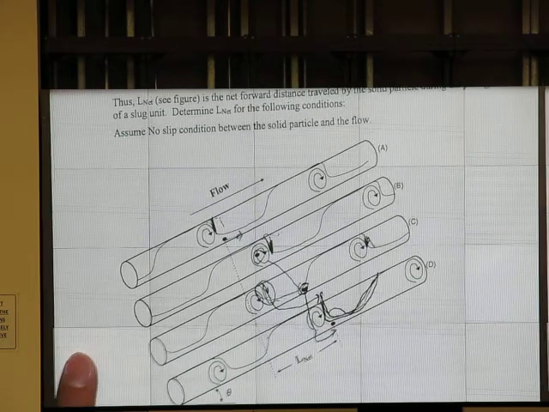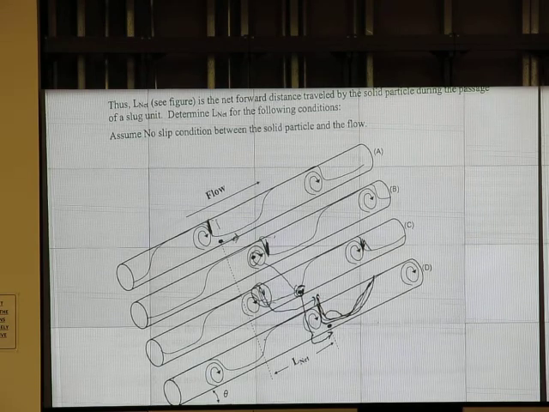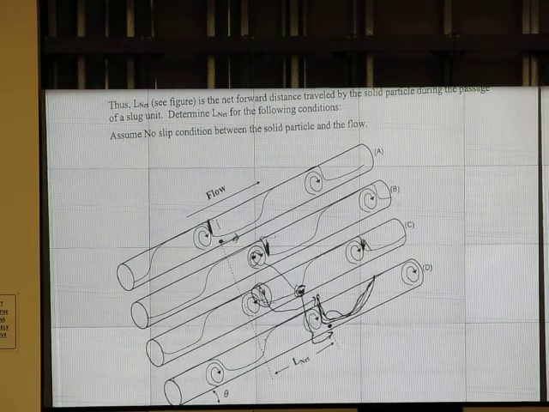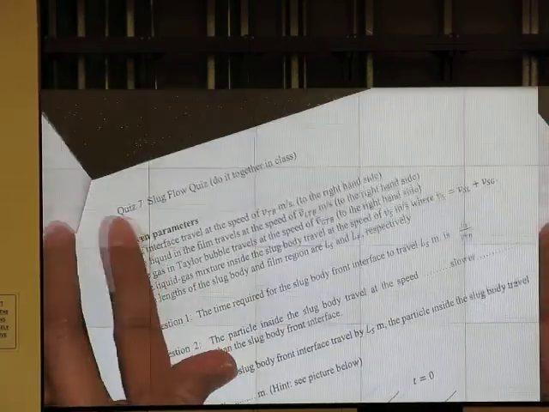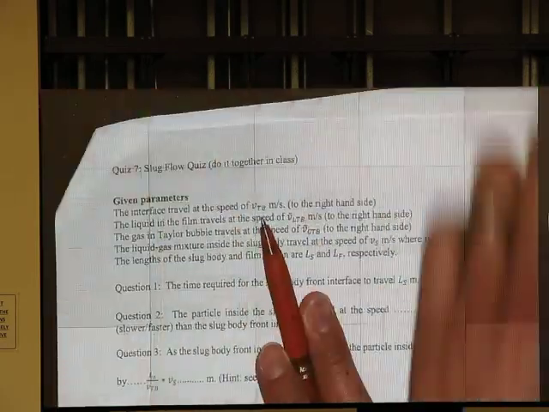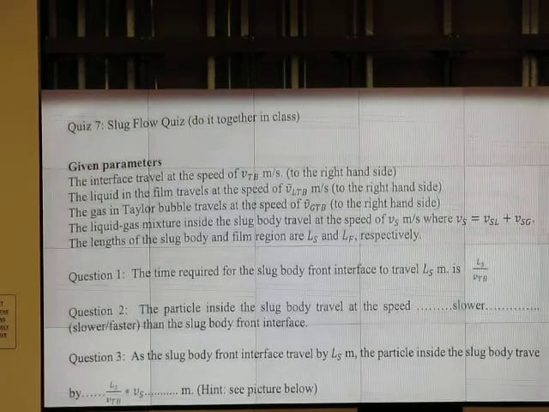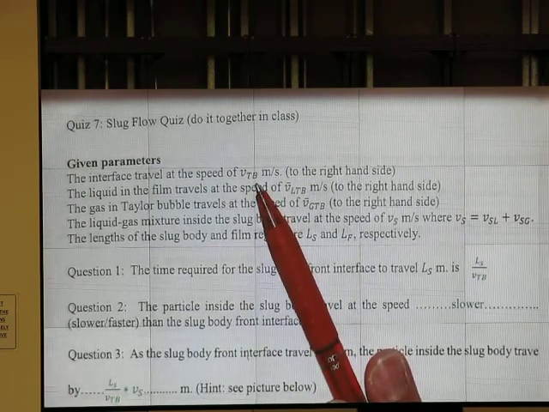From this diagram, you should know that the interface moves fastest. Liquid in the liquid slug body moves slower than the interface itself. Liquid inside the film moves slower than the interface itself. So the interface moves very quickly. It travels at the speed of VTB, the translational velocity or speed of the Taylor bubble.